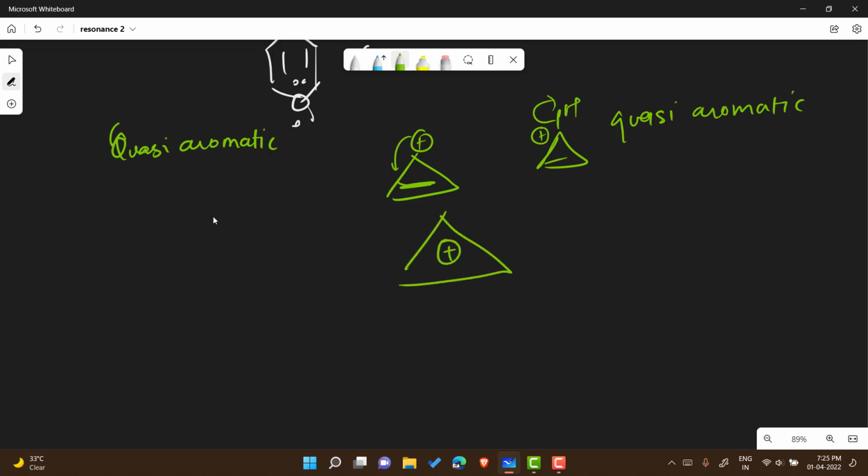As the negative charge is completely delocalized over the ring, it has a higher dipole moment, and it is a crystalline solid and soluble in water, okay?